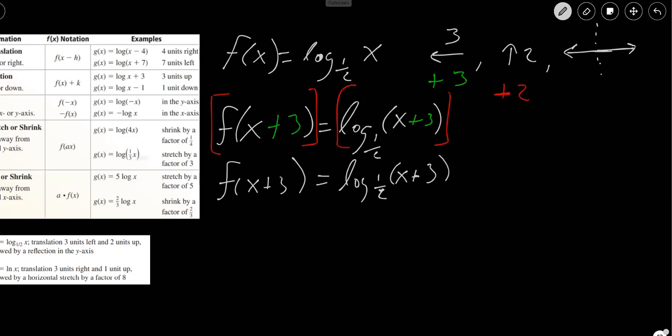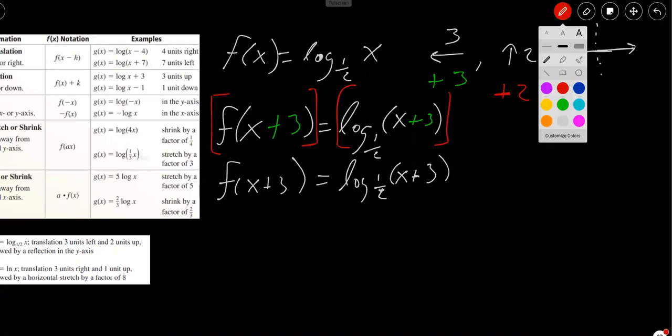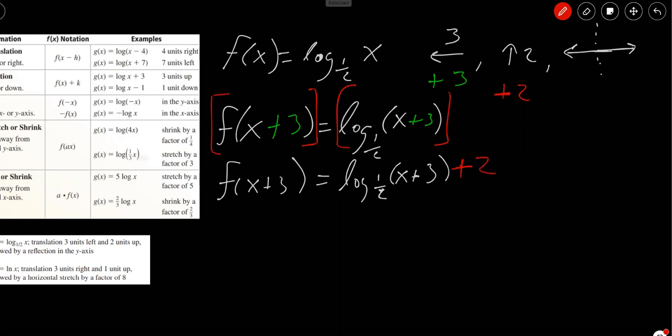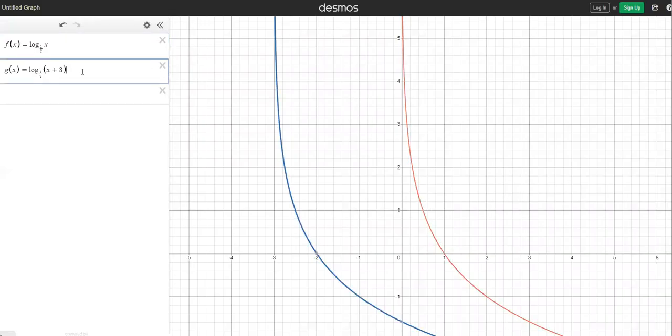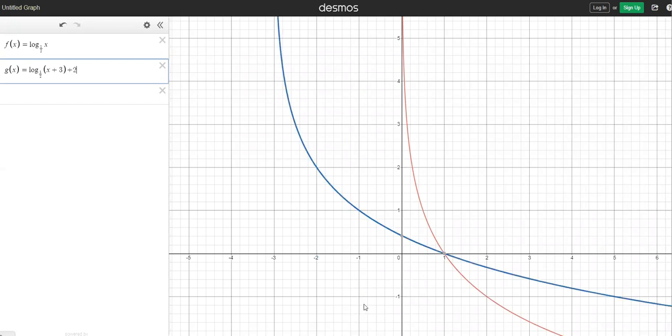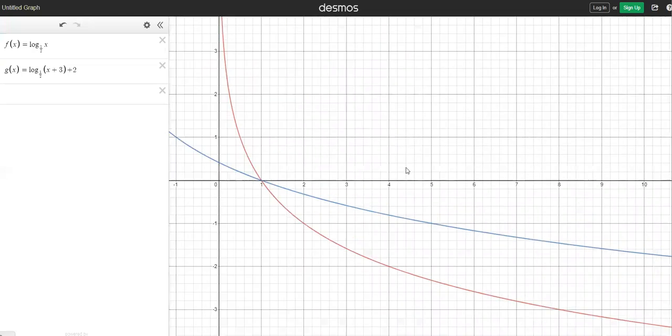And then I'm going to be adding 2 to the entire function. So now I've got f of x plus 3 plus 2 is equal to log base 1/2 of x plus 3 plus 2. Again, I can go in here and add 2. Add 2 to the function, and everything is going to get moved up by 2.